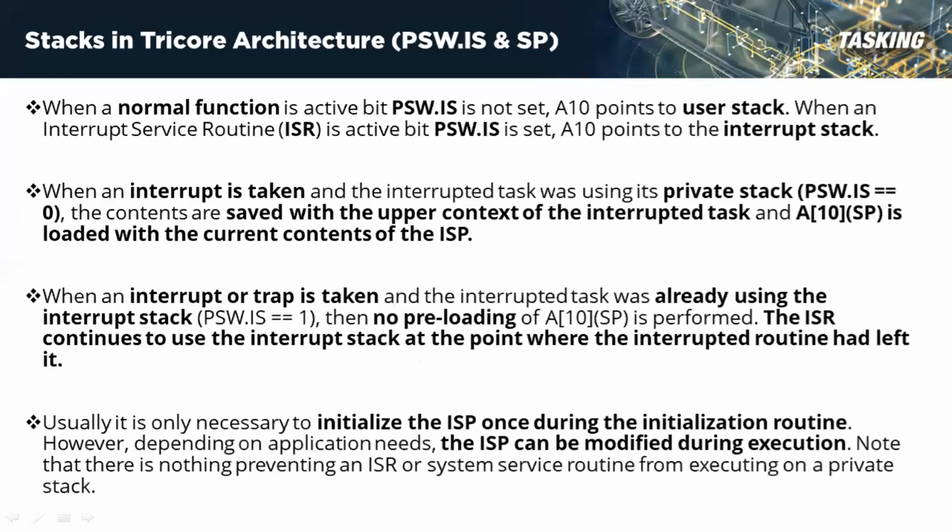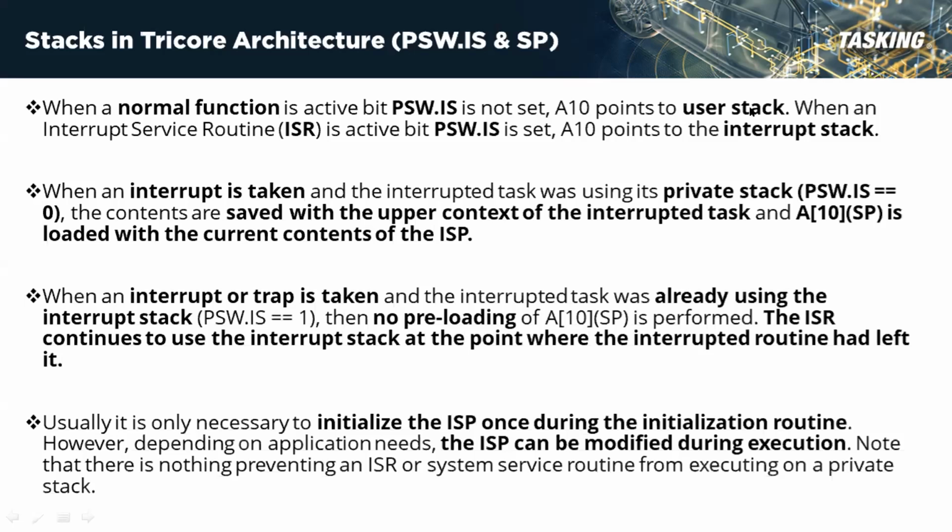All right. So here we will see different scenarios for the interrupt stack and for the stack pointer. For example, if I'm executing a normal function, which is not an interrupt, that means the interrupt stack is not set because basically it is a normal function. And A10, which is holding the stack pointer, points to the user stack.